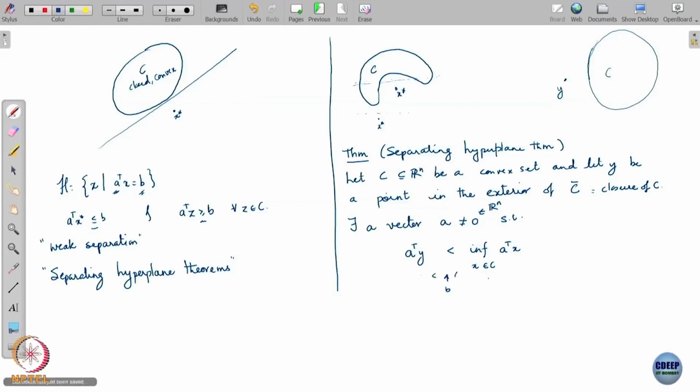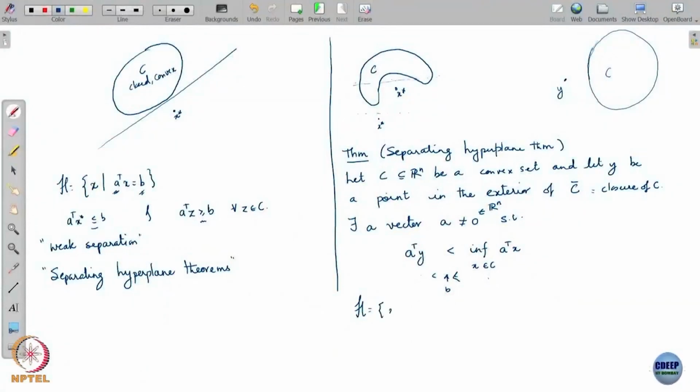This is a value B that is greater than A transpose Y, but at the same time less than the infimum of A transpose X over X in C. So, consider a value B that lies in between, and then look at the hyperplane H defined by X such that A transpose X is equal to B. Then in that case, Y lies on one side of the hyperplane and the entire set C lies on the other side. Why does the entire set C lie on the other side?